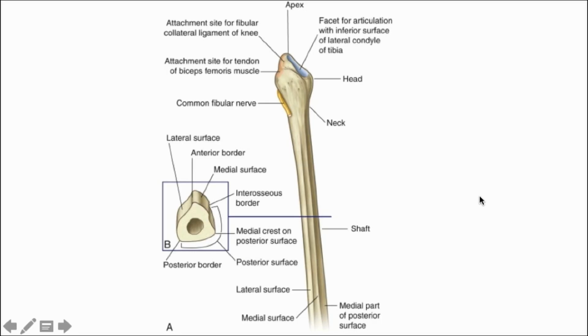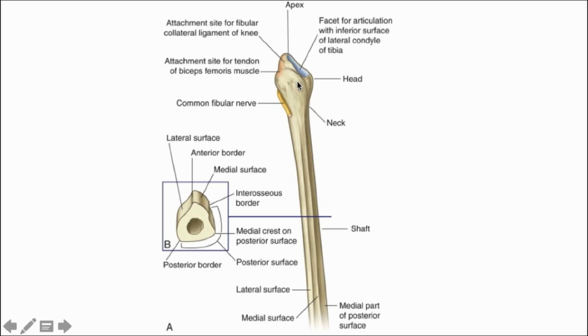So now that we've looked at the tibia, we're going to look at the proximal end of the fibula. As we said before, the fibula is the lateral bone of the leg, and it doesn't take any part in formation of the knee, nor does it take any part in weight bearing. Since it's not a weight bearing bone, it's really small and delicate, and it has a small proximal head and a narrowed neck area, and then a very delicate thin shaft, which extends as the lateral malleolus as we get into the ankle area.